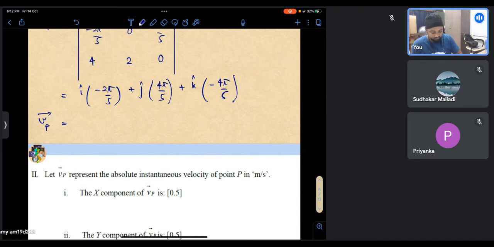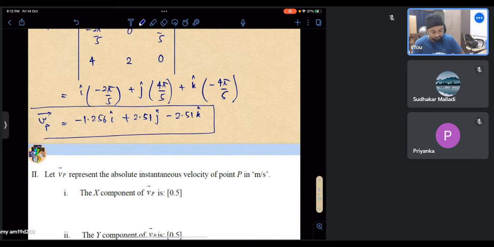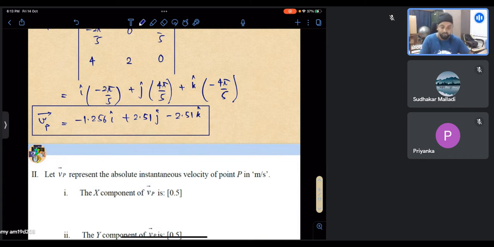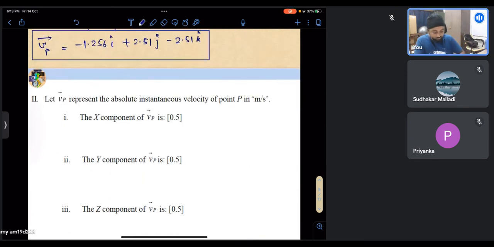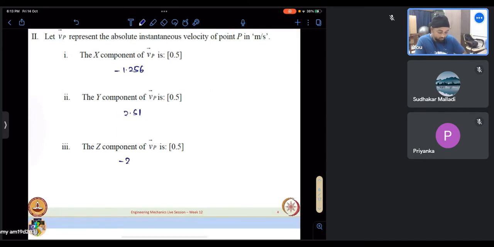Minus 2 pi by 5 is minus 1.256 I, and then 4 pi by 5 is plus 2.51 J, and the last is minus 4 pi by 5, so it is minus 2.51 K cap. So this is our absolute velocity of P at that instant. So we can report here: the x component is minus 1.256, the y component is 2.51, and the z component is minus 2.51.